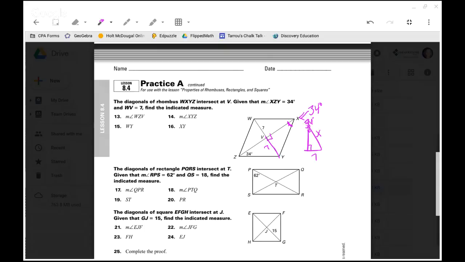So it's just from the last chapter. Ring a bell? Yeah, SOHCAHTOA. But it's SOH. So which one uses opposite and hypotenuse?